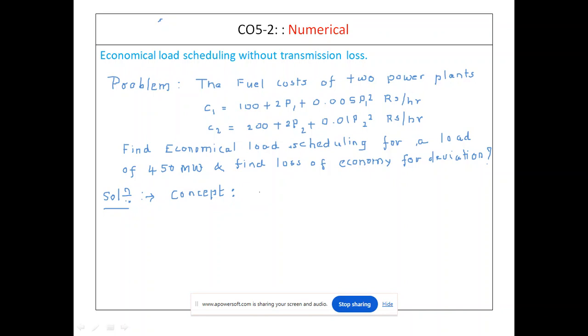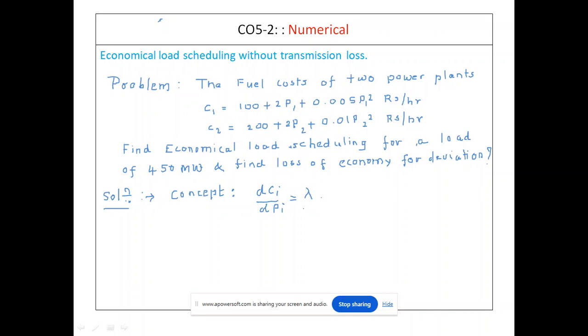The criteria we have derived is the incremental cost, dCi divided by dPi, or dPGi you can call it, to be equal to lambda. Here we are not considering transmission loss.